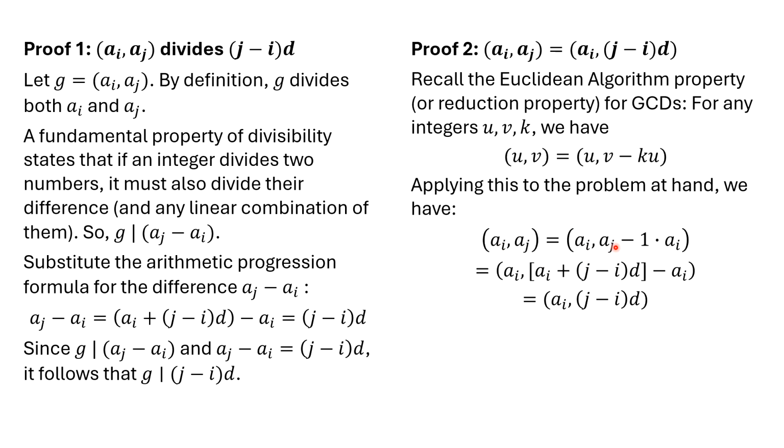You notice the a sub j minus 1 times a sub i, just using this part of the formula. Then we bring down the a sub i, and for a sub j, as we did here, we use the formula for the progression. So that's here, and then we have minus the 1 times a sub i. Then the a sub i's cancel, and you get our desired result.